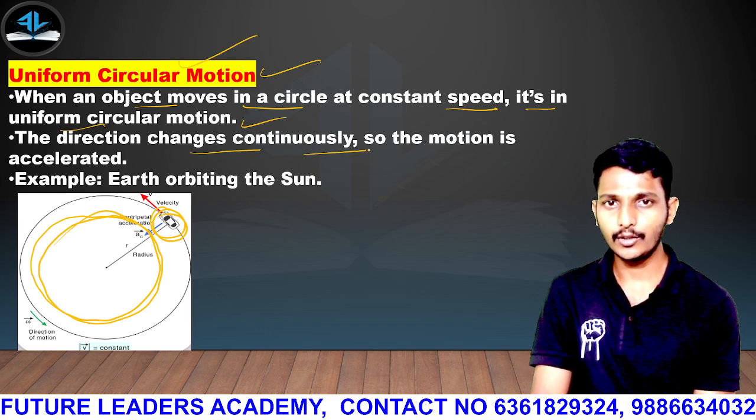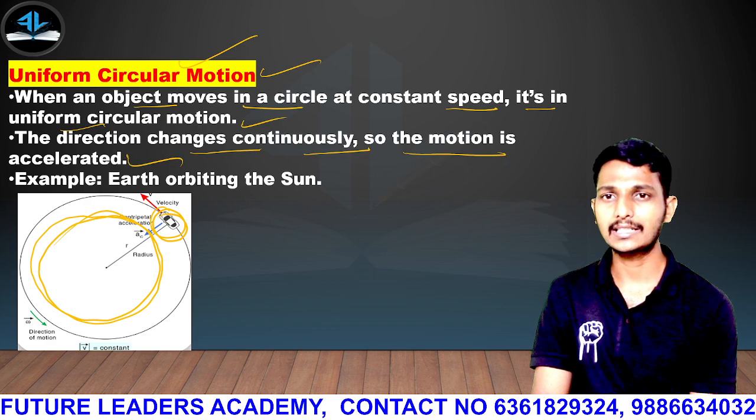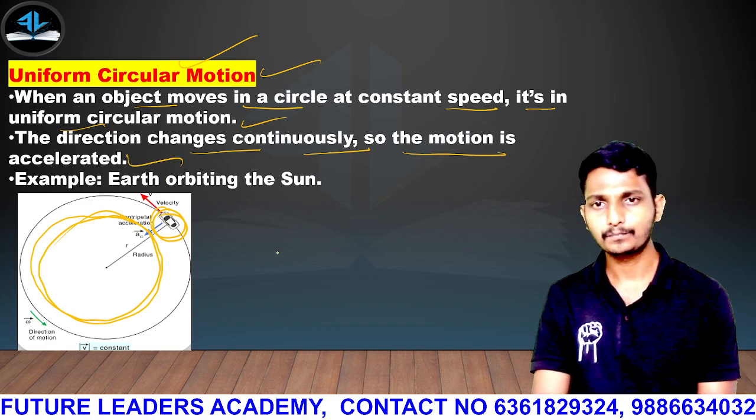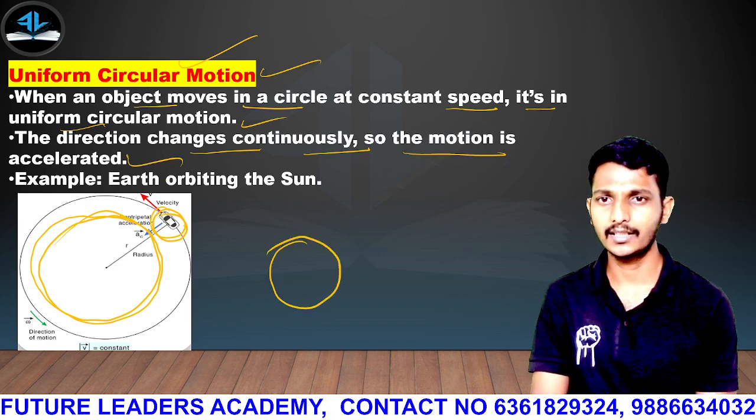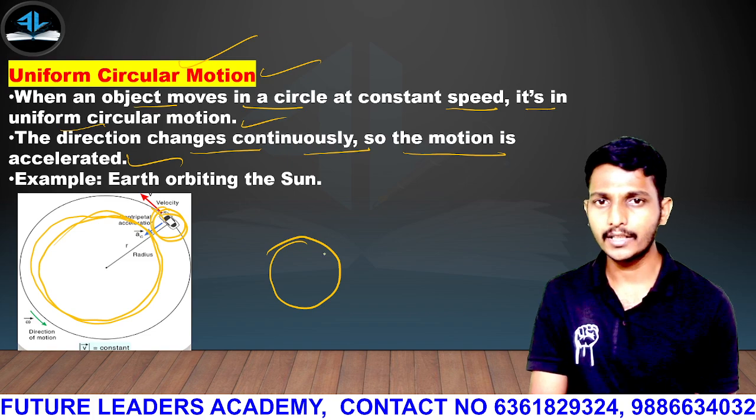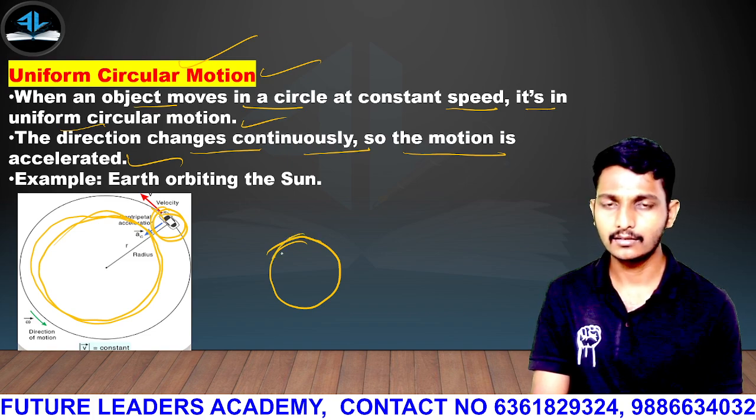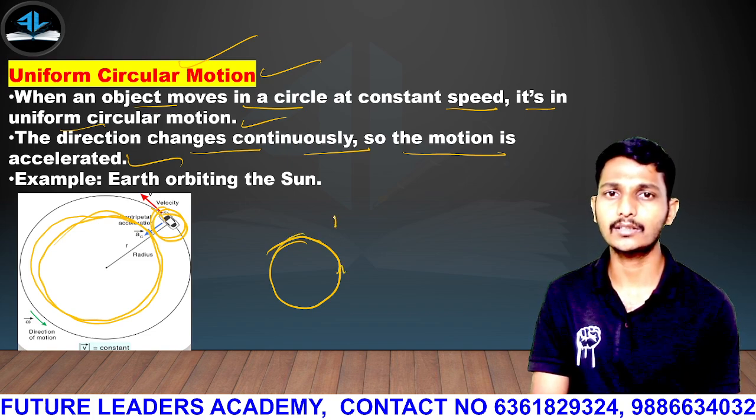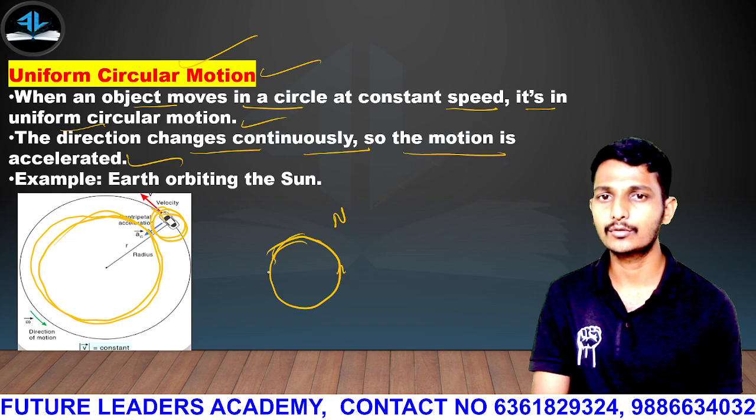Direction changes continuously, so the motion is accelerated. For example, this is a circle, guys. If he goes straight, the direction will be changing here. For example, he is looking towards the north now. Again, he will turn towards the west.